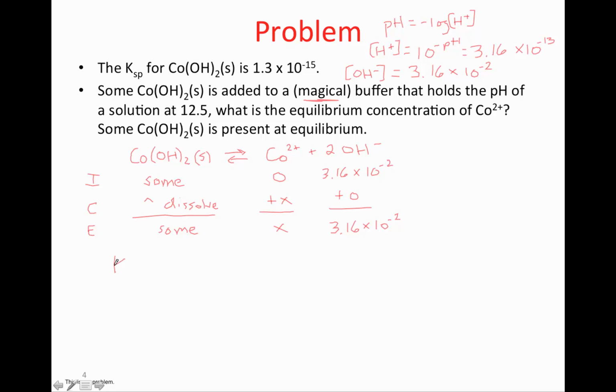So, to solve this problem, I say KSP is equal to X times the concentration of the hydroxide ion squared, 3.16 times 10 to the minus 2, squared. And so I'll just go ahead and solve for X. I'll take the KSP value and divide it by this squared, and I have X, which is the cobalt ion concentration.